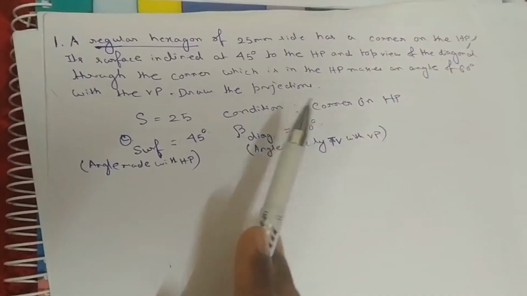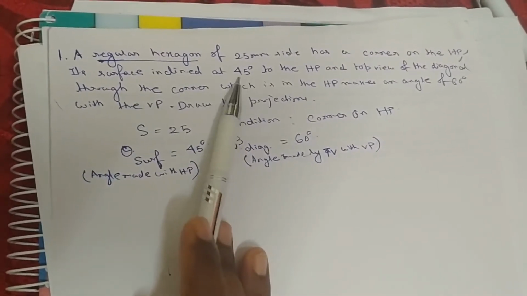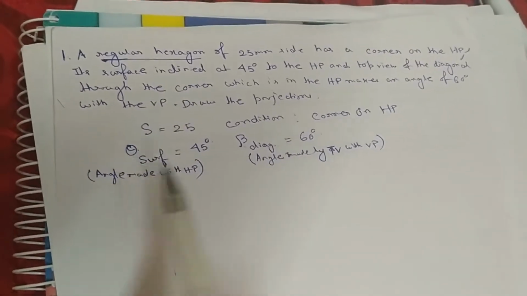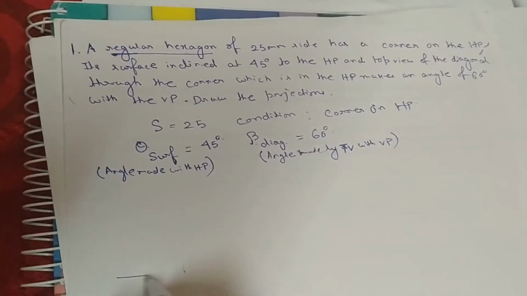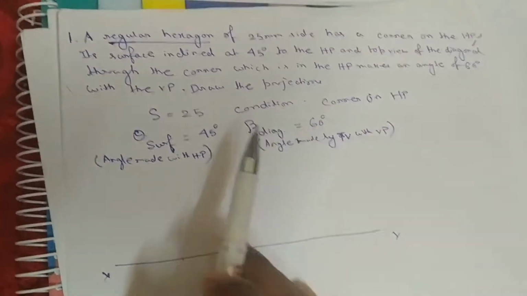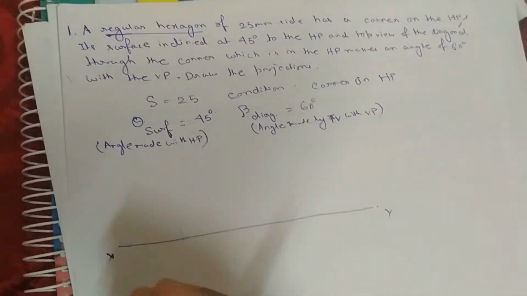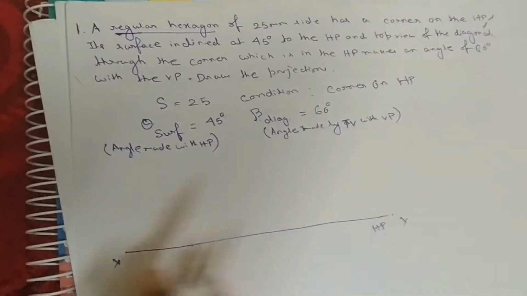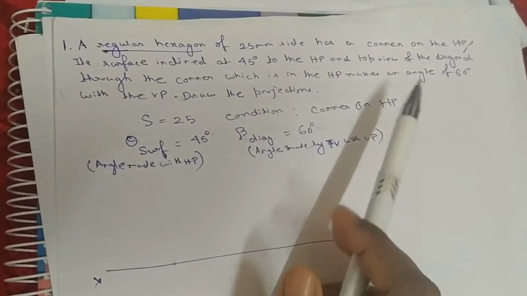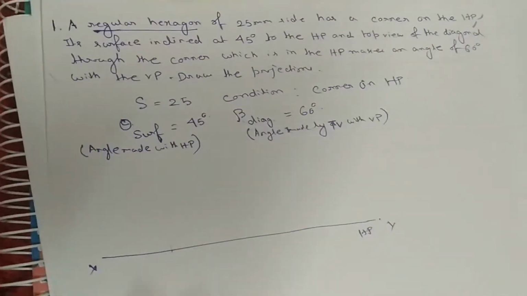Initially the surface is inclined to HP, so obviously the initial assumption will be that the surface of the hexagon is on your HP plane. And another condition they have given is a corner on the HP.